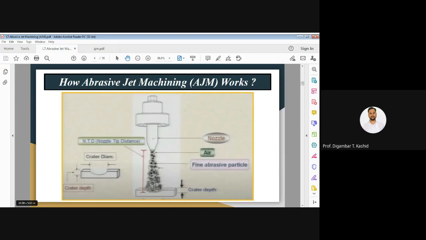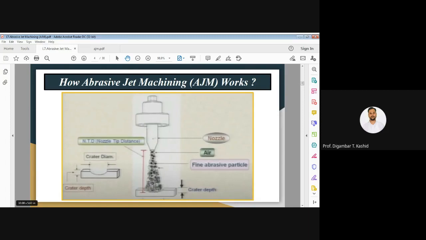Okay, that width is called crater diameter, or crater depth. Okay, crater. You can see. I repeat, the depth up to which abrasive particles have penetrated the workpiece is called crater depth.